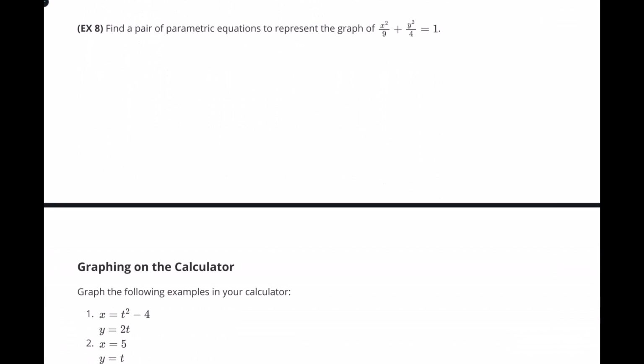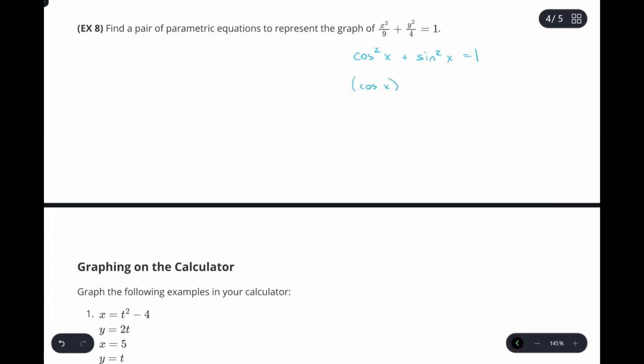Now in this last example, I'm going to take advantage of the Pythagorean identity, just like the way we did in an earlier example. So the Pythagorean identity is cosine squared x plus sine squared x equals 1. Or more generally, some cosine squared plus some sine squared equals 1.